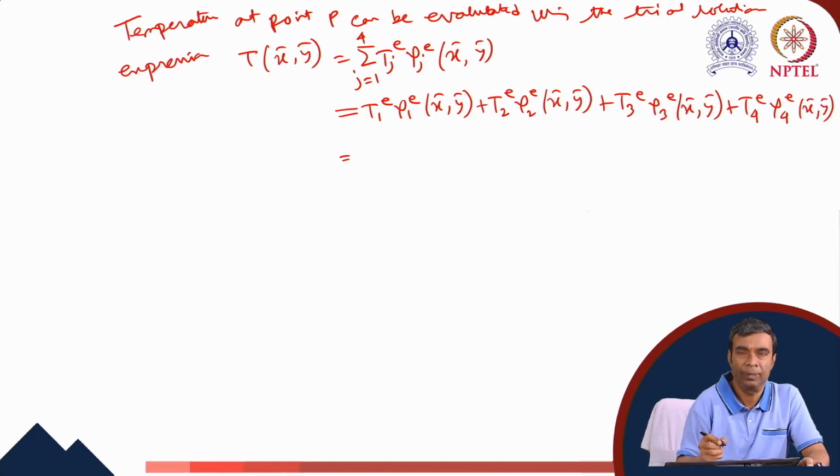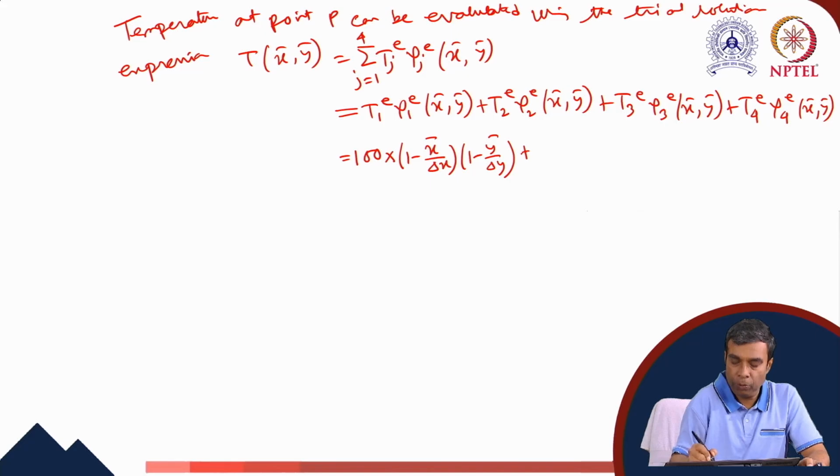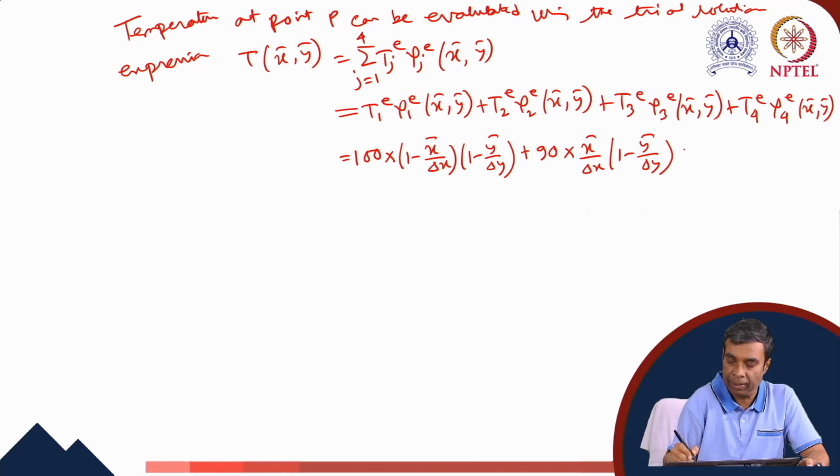Our T1 was 100 degree centigrade, so we can simplify it as 100 into psi 1E, which equals 1 minus x bar by delta x into 1 minus y bar by delta y. T2E was 90 degree centigrade. 90 into x bar by delta x into 1 minus y bar by delta y.